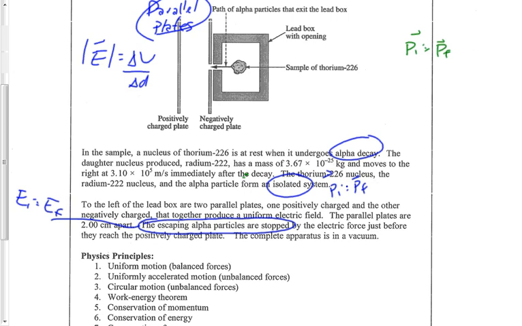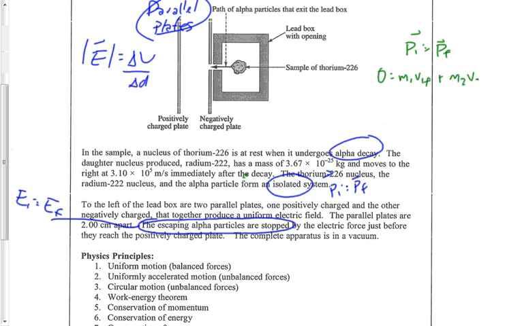A gun and a bullet are one object, they become two objects. This thorium-226 nucleus that was sitting there, decaying into radium-222 and an alpha particle, it's like the gun going one way, the bullet going the other way. It's no different. We can say Pi equals Pf, and we can therefore say zero initial momentum equals m1 v1f plus m2 v2f.